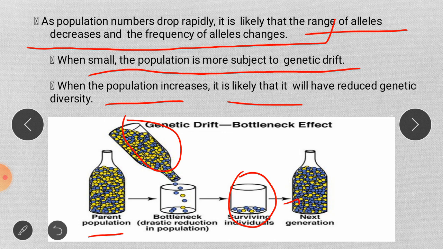In this population you can see blue individuals are more in number compared to yellow individuals. So the next generation will also have more alleles of blue individuals compared to yellow. That will change the allelic frequency, because initially you may have had the same frequency of yellow and blue, but after the event the blue individuals with the blue colored gene have increased, and therefore you have a shift in the allelic frequency.